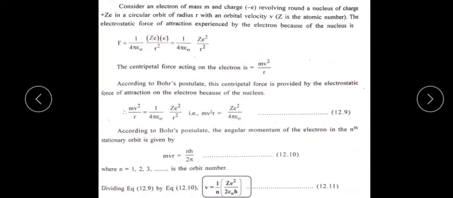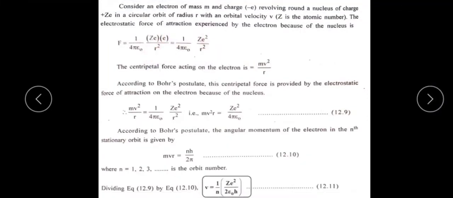Here q1 is the charge of the nucleus, plus Ze, and q2 is the charge of the electron, e. Hence the expression for the force of attraction is F equals 1 divided by 4 pi epsilon naught, Ze into e divided by r square. This becomes 1 divided by 4 pi epsilon naught, Ze square, r square as it is.